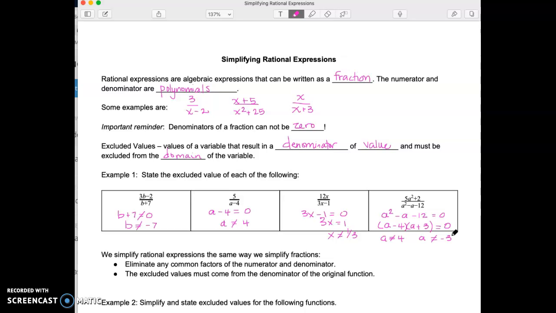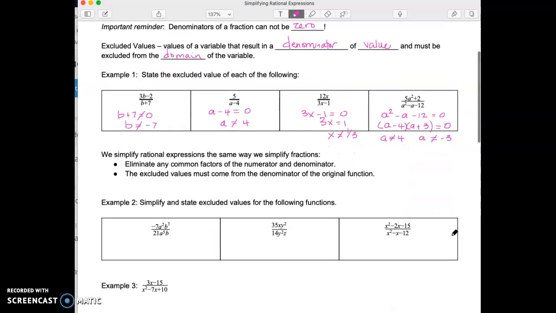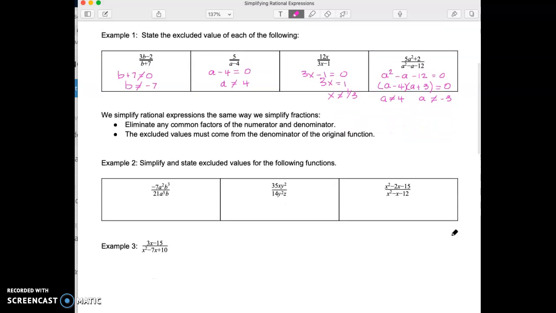Now, one thing that does happen with rational functions is that we can simplify just the way that we simplify fractions. So remember, when we simplify fractions, we eliminate any common factors in the numerator and denominator of the fraction. We can still talk about excluded values from the rational, and we should, but we have to be careful because we have to make sure that our excluded values come from the original function.